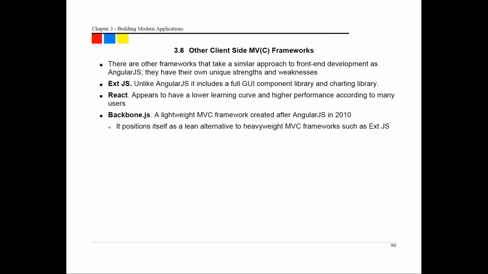EXTJS has a full GUI component library, also a charting library. AngularJS doesn't include components, although there are add-on libraries that do have components. React comes out of Facebook, seems to have a lower learning curve. Some people say it's higher performance. There has been some controversy over the licensing model of React in the past year or two.